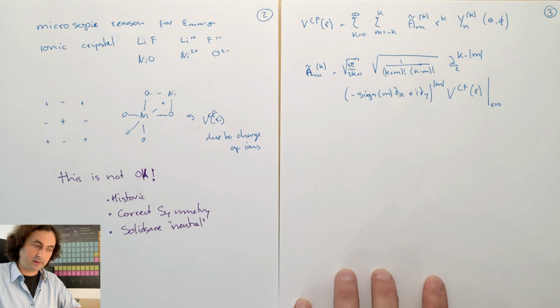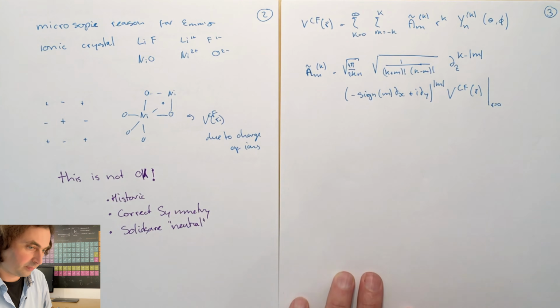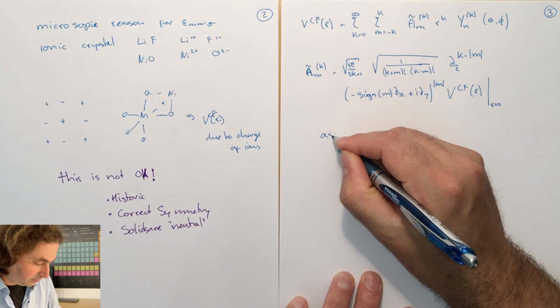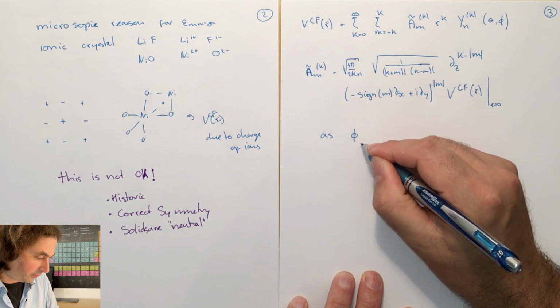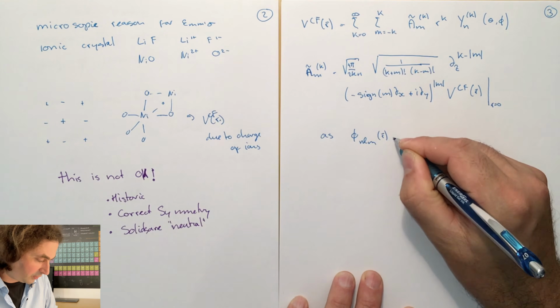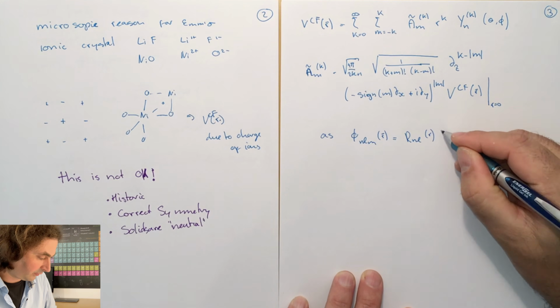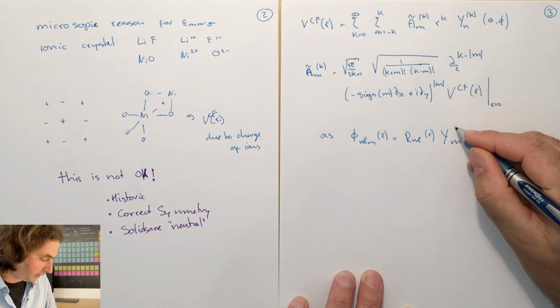So with that we can expand a potential on spherical harmonics. Now we know that our wave functions, or our one particle orbitals, can be written as a radial wave function times a spherical harmonics.